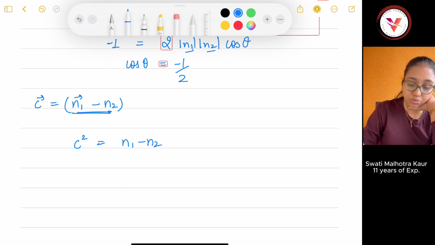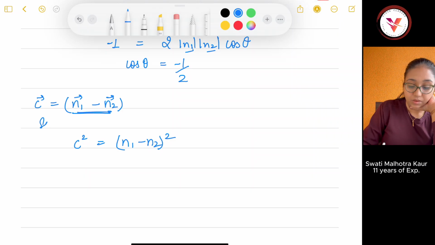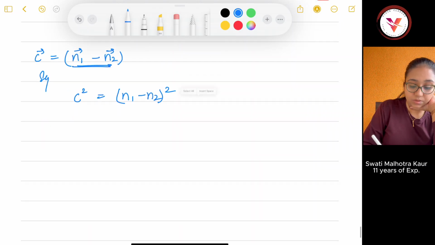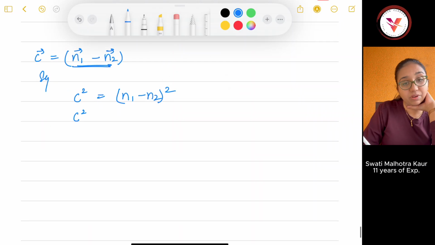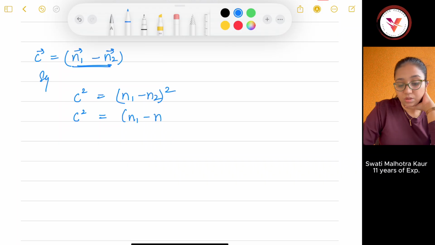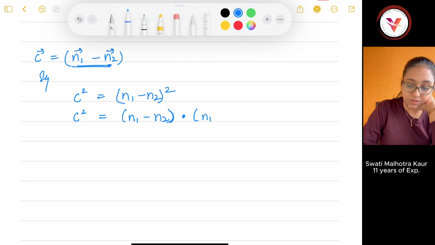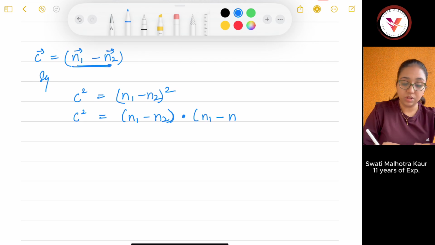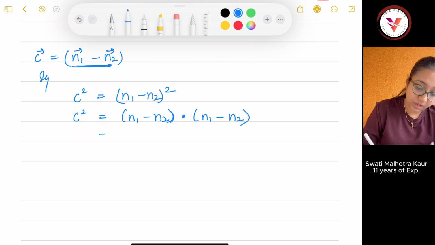So n1 minus n2 dot product, I'm squaring both the sides. So this becomes C square only. This becomes n1 minus n2 dot n1 minus n2.